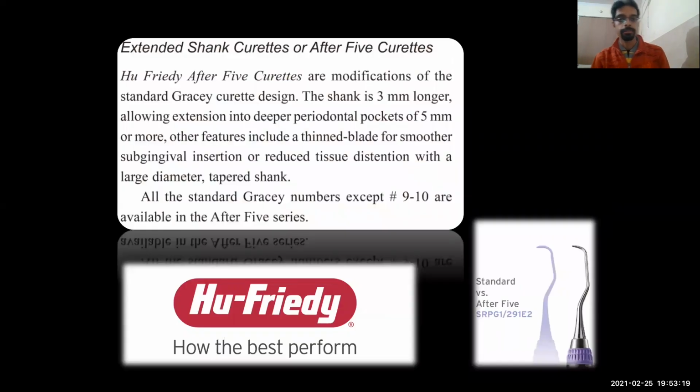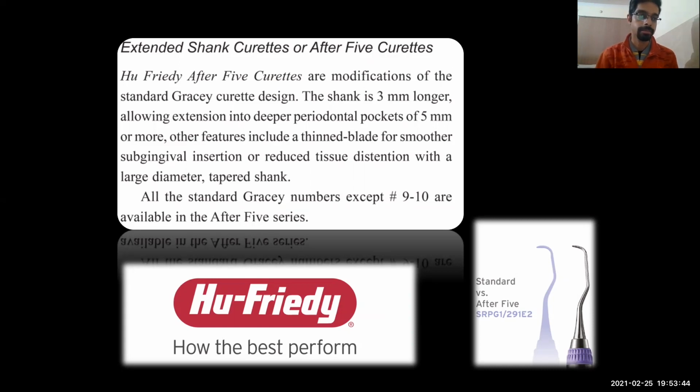Now there are certain modifications of the area specific curettes. They are known as extended shank curettes or After Five curettes. Now what are these? These are basically curettes whose shank has been increased in length by 3 millimeters. It is longer than the normal Gracey curettes. Now what is the use of this? It can go very deep inside the pockets which are more than 5 millimeters.